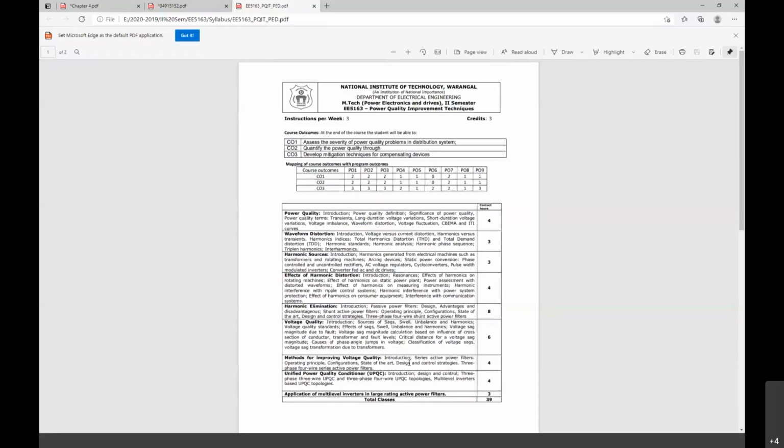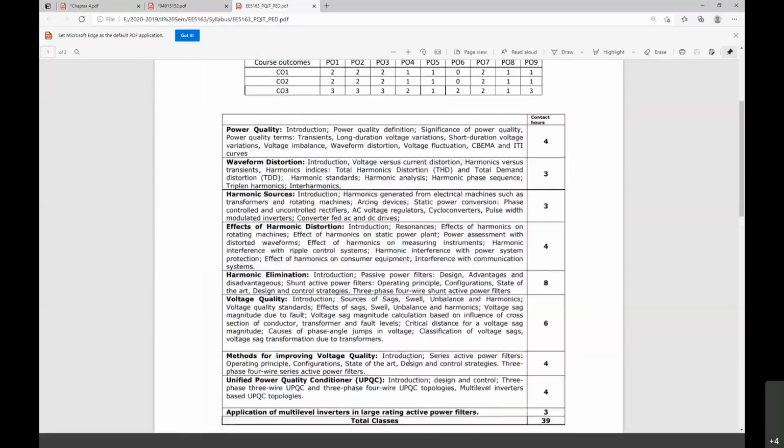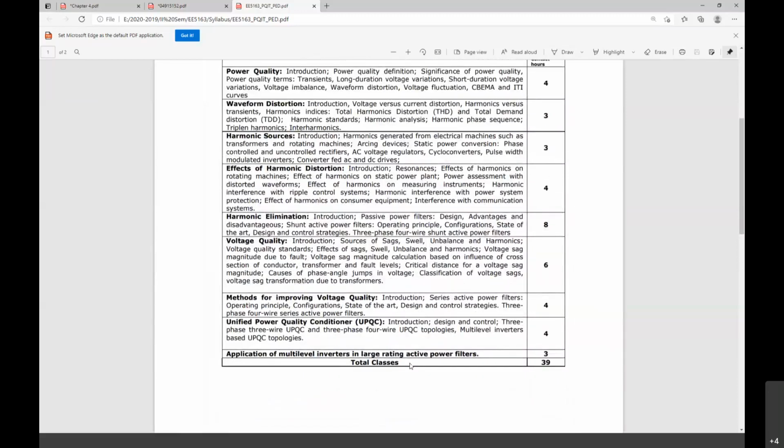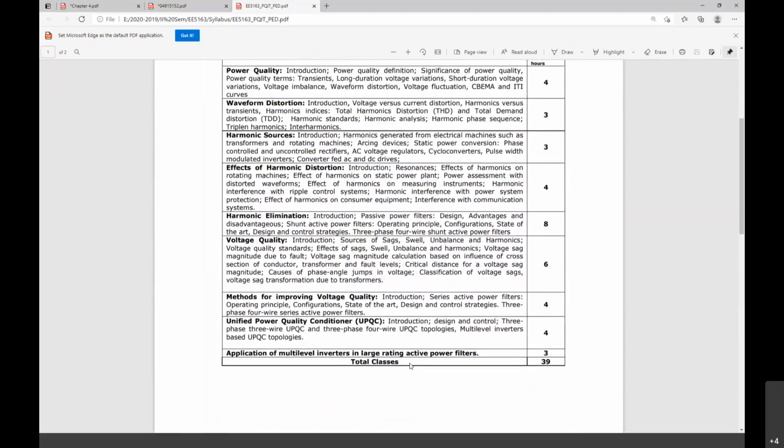Especially the application of the multi-level inverters, I have not discussed much about this. Your friends have given the presentation, but there won't be any questions, especially from this unit. There won't be any questions from this, even harmonic sources.